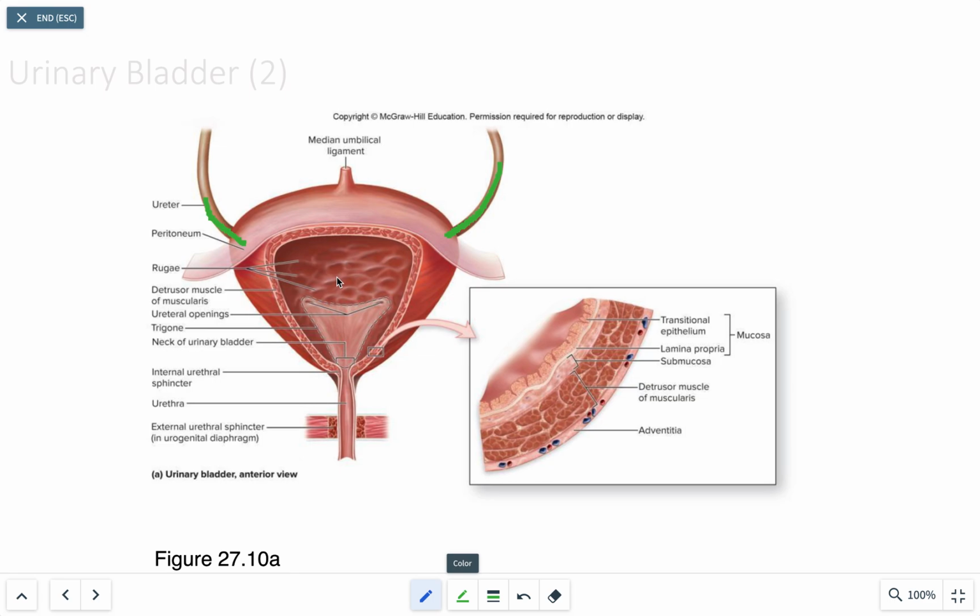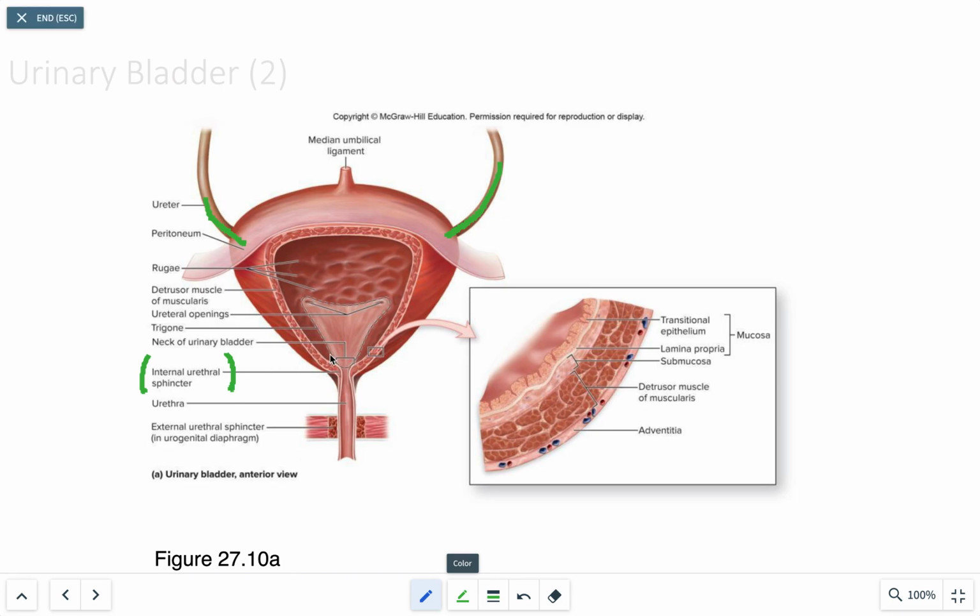Basically, when the bladder fills, the parasympathetic axons from the micturition reflex centers in the sacral spinal segments S2 and S4 relax, in particular, the internal urethral sphincter.